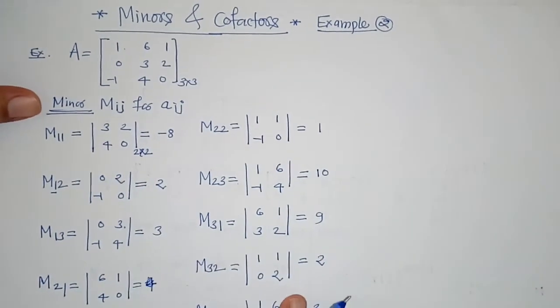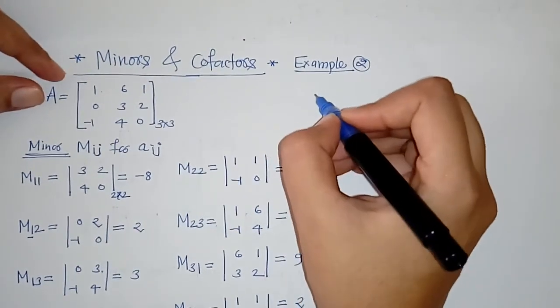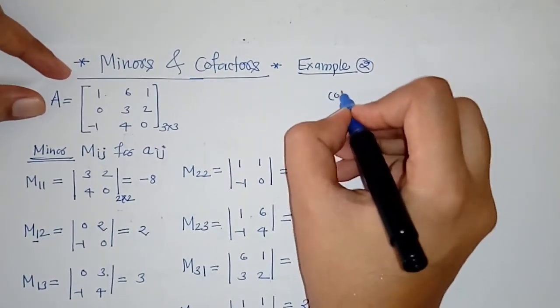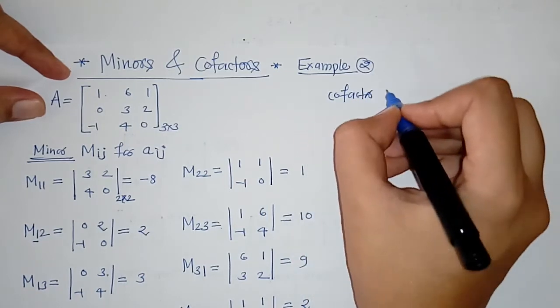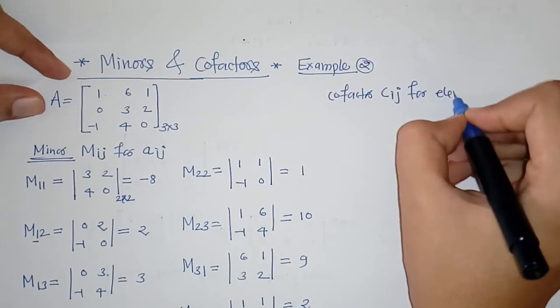Now next we have to find the cofactors. We know how to find cofactors. Cofactors are denoted by the letter C_ij for element a_ij.